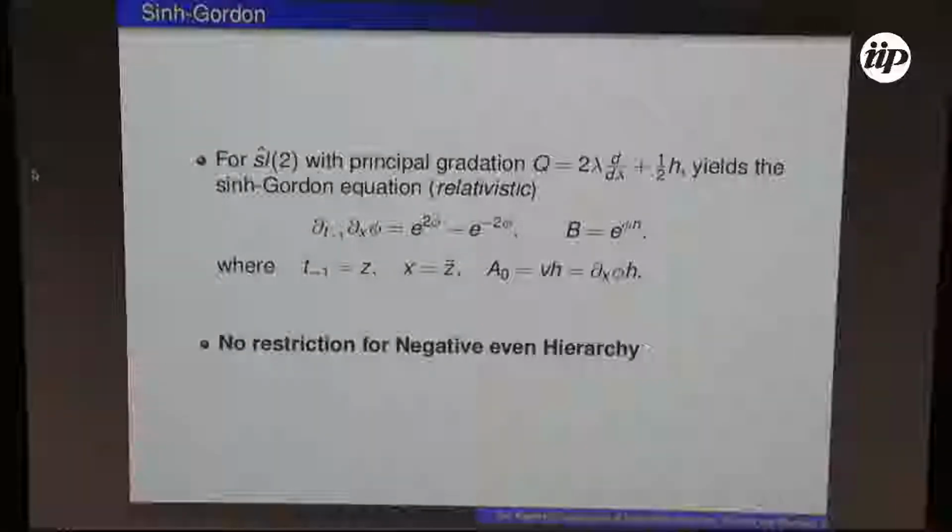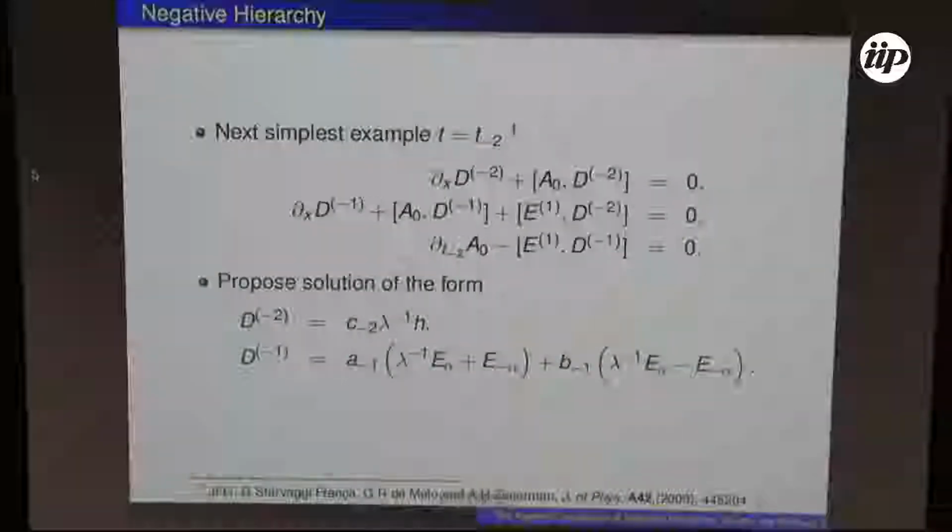So let me go to the second simplest example. The simplest example was t_{-1}. So this was a surprise that it came to us, because the second simplest example is t_{-2}. And for t_{-2}, you have to solve these three equations.